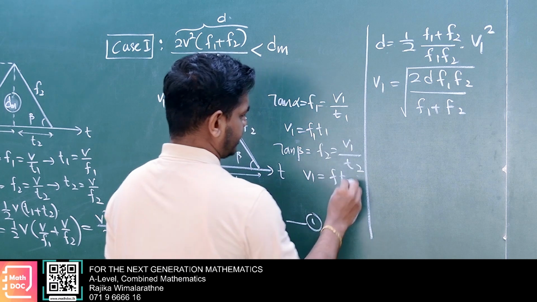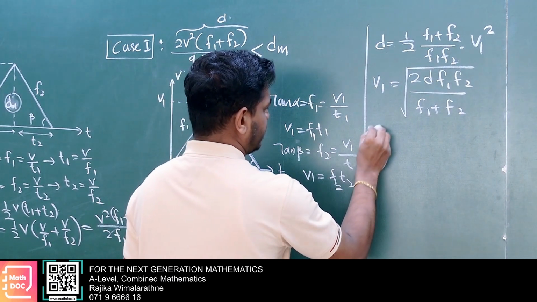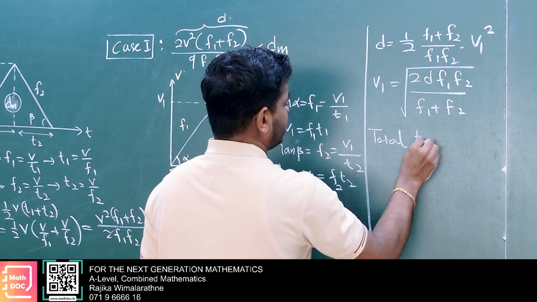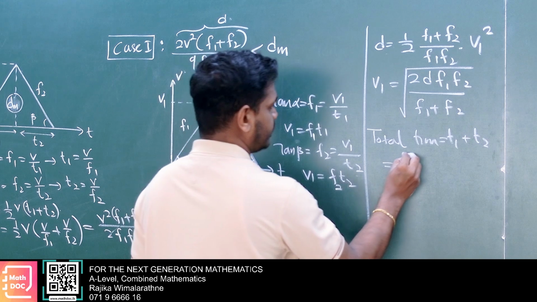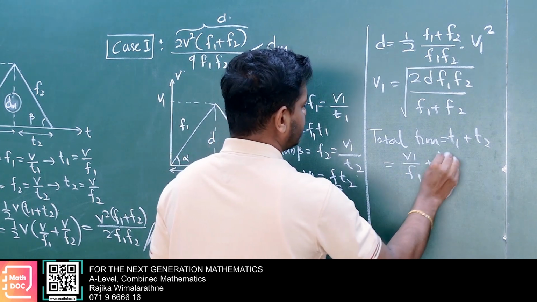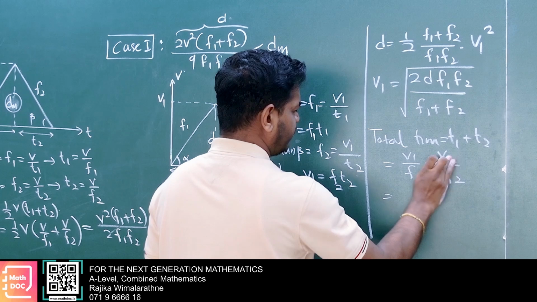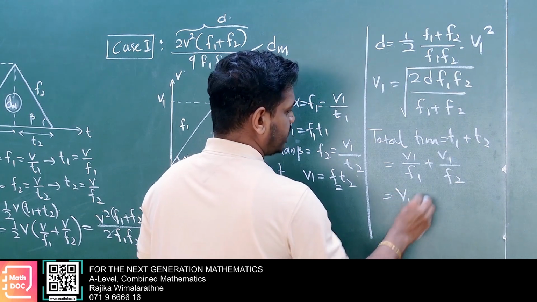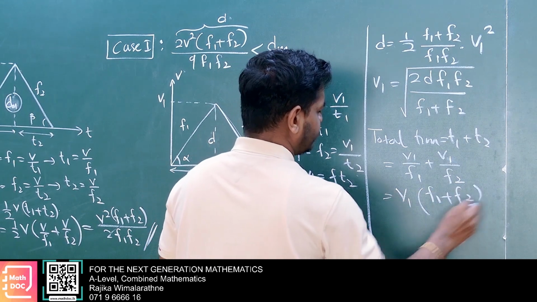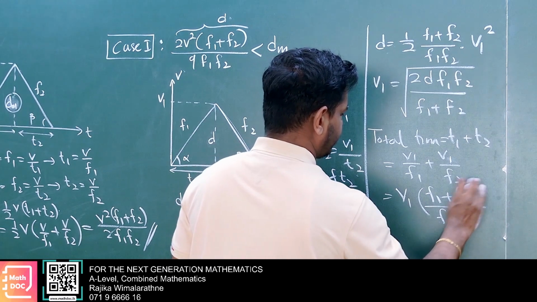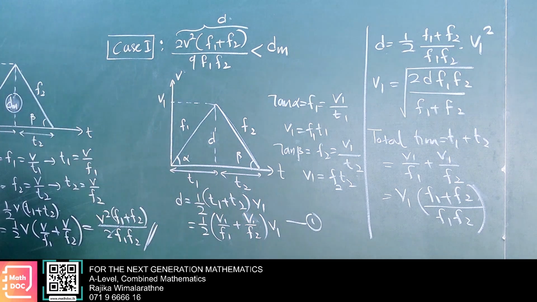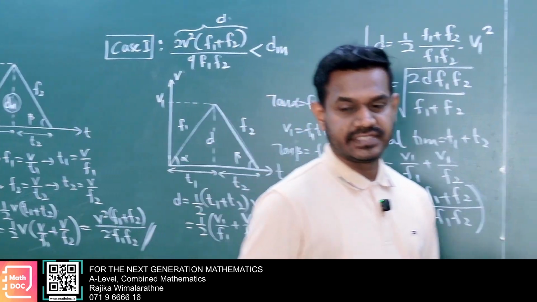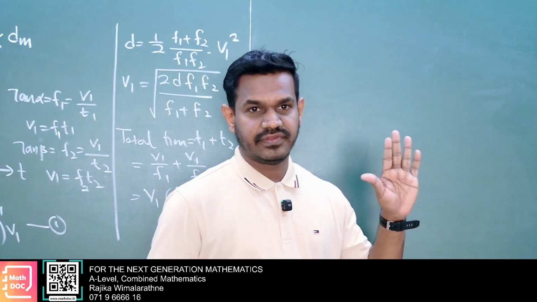Then total time, T1 plus T2, then T1 equal V1 over F1 plus V1 over F2, then take V1 outside, F1 plus F2 over F1 F2. Now V1 known, substitute it. Okay, then further see, so we have to substitute D here.